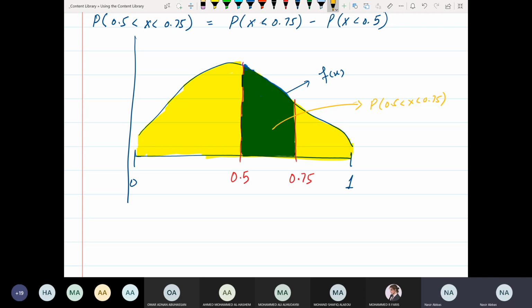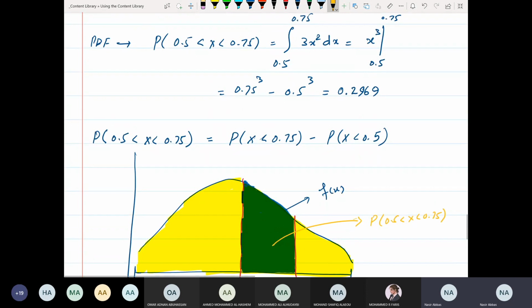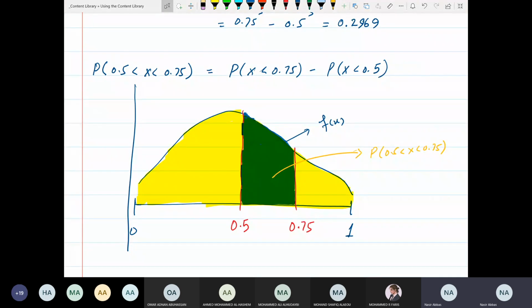This is where we are interested in, and this is what we did in the first way. We integrated from 0.5 to 0.75 this curve, this small f of x, and we got the green area, and we know the green area is 0.2969.